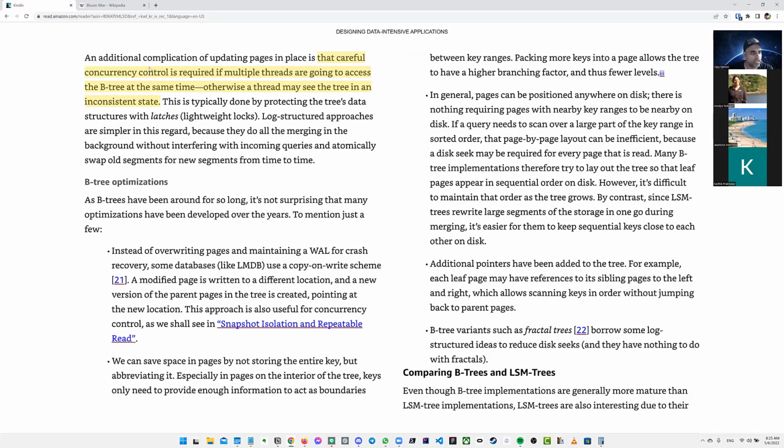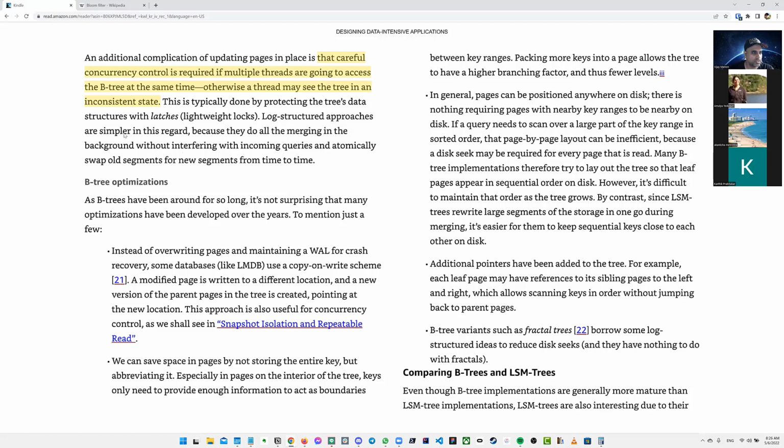Another complication of updating pages in place is that you need to think about concurrency. If multiple threads are going to access the B-tree at the same time, you have to do something like protect the tree's data structures with latches, which lock the thread so that one can access at a time.